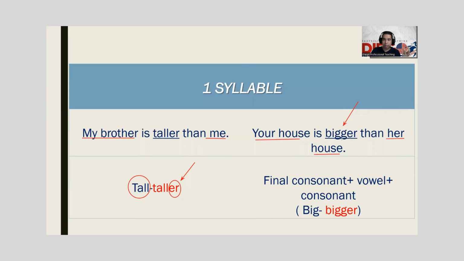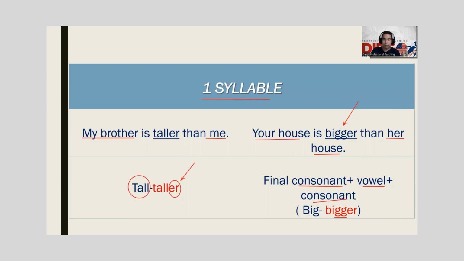The adjective is big, but I'm using a double G. What is the rule in those cases? When the word has one syllable, as we're saying here, and it ends with a final consonant, vowel, and consonant spelling, what I should do is repeat the last consonant.